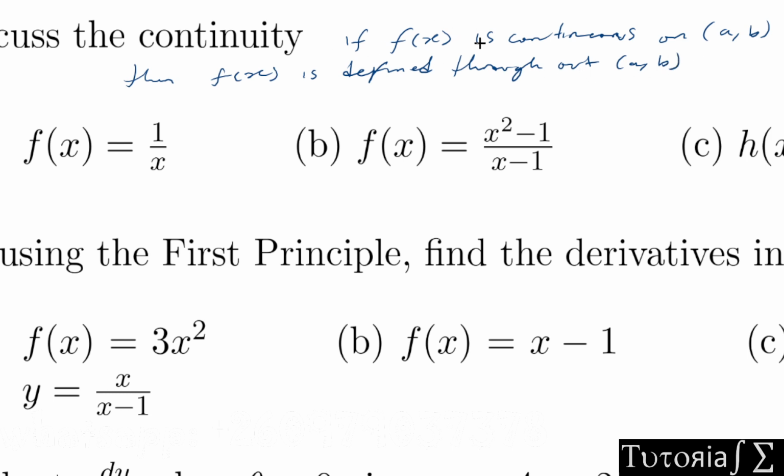This is the simplest definition of continuity. So if f of x is continuous on an interval (a, b), then f of x is defined throughout the interval (a, b).